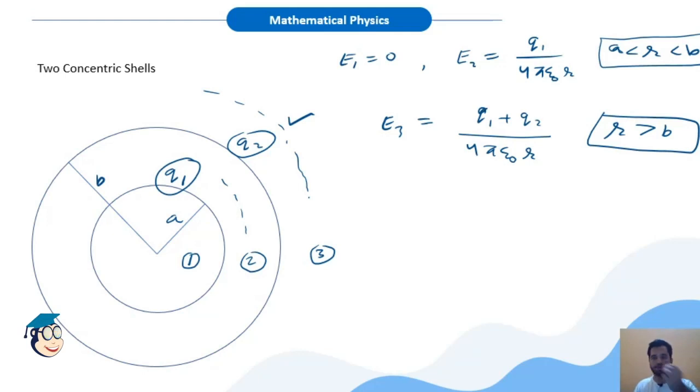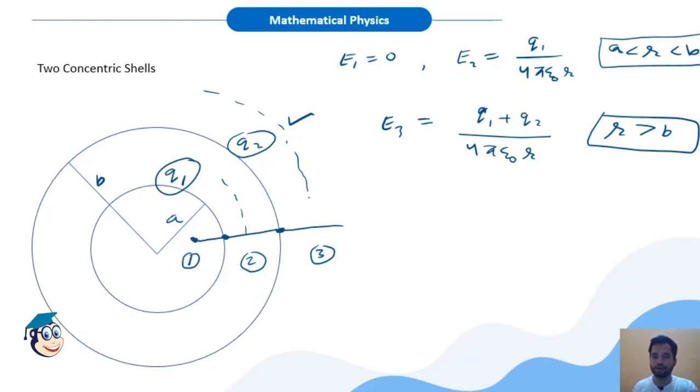Okay, so having known all the electric fields in all regions 1, 2 and 3, you can calculate the potential just by integrating. Okay, for the first region you have to break the integral into three parts: from infinity to b, from b to a, from a to that r.